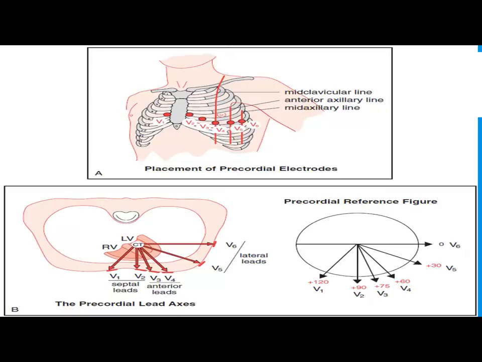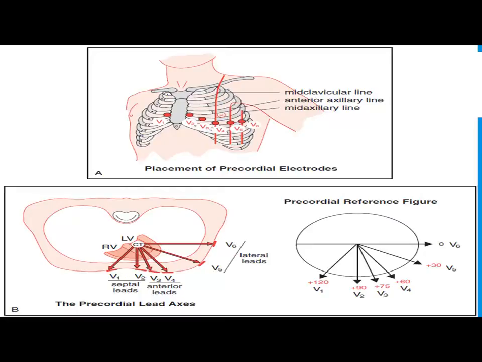Then I'm moving on around, and V3 and V4, then V5 and V6. So V3 and V4 are going to be your anterior leads, so you're looking at the anterior wall of the left ventricle. And then your V5 and V6 are going to be your lateral leads, so you're looking at the lateral wall of the left ventricle.